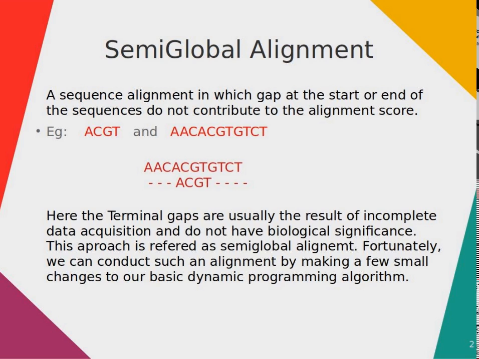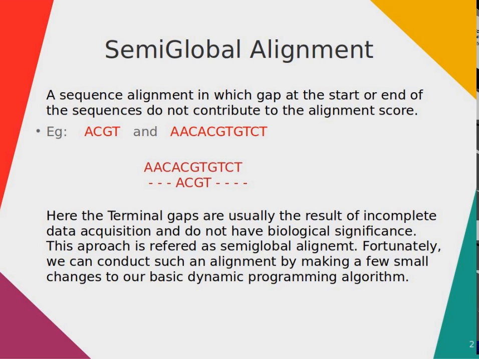Of the several possible alignments between the two sequences, the one we are most interested in is AAAACGTGTCT, gap gap gap, ACGT, gap gap gap gap. This is the most interesting alignment because it demonstrates that the shorter sequence appears in its entirety within the longer sequence.